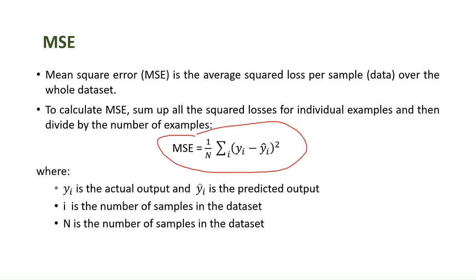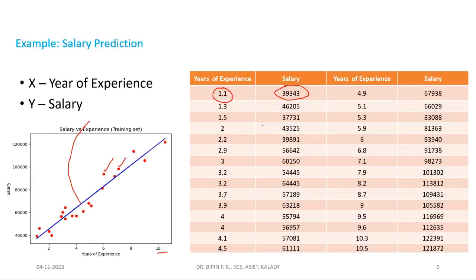MSE equation: 1 by n, where n is the total number of samples, data points, then summation of yi minus yi cap, where yi cap is the predicted one, yi is the actual one. So here we can see, this should be the actual output. For example, this one is the actual output. Predicted one means this one.